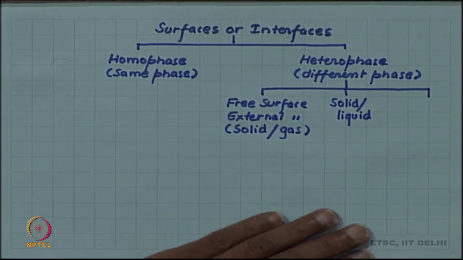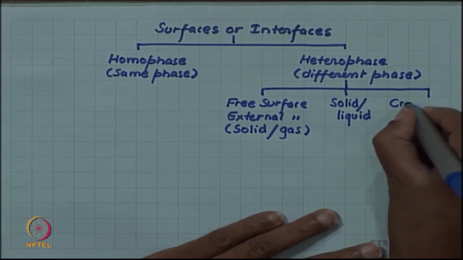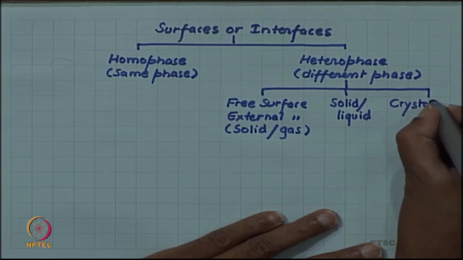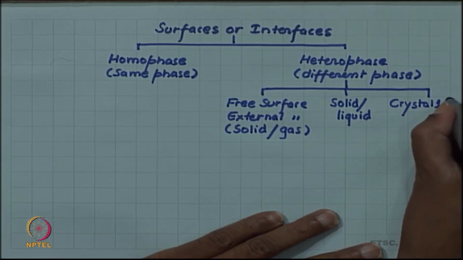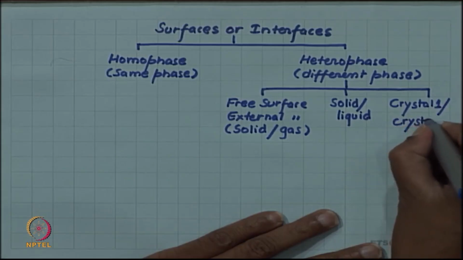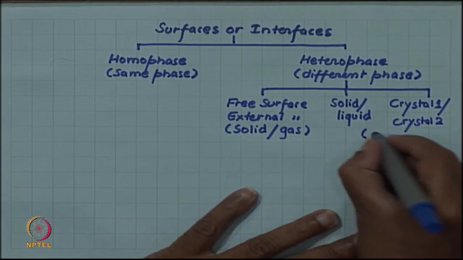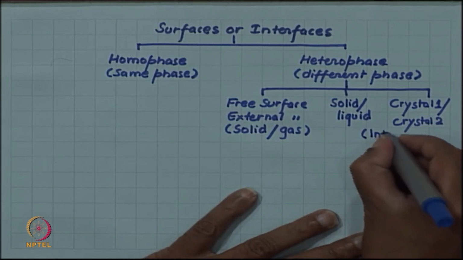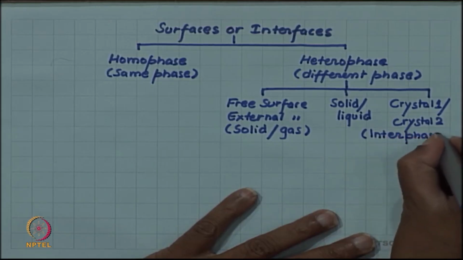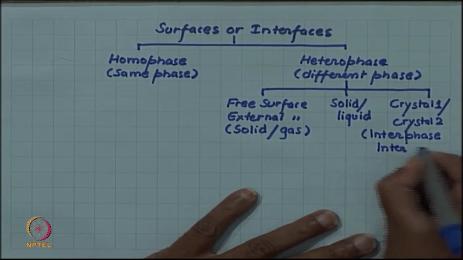So, we have a solid-liquid interface, and we can also have a solid heterophase interface, in which on one side we have crystal 1 and on the other side you may have another crystal 2. Sometimes this kind of interface can also be called an interphase interface, because you have two different phases.